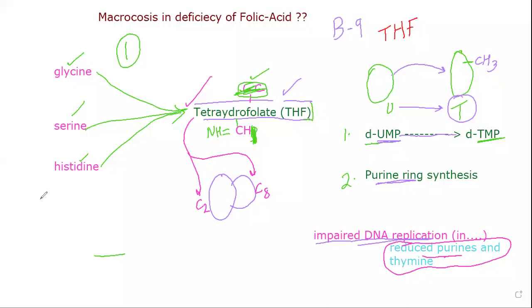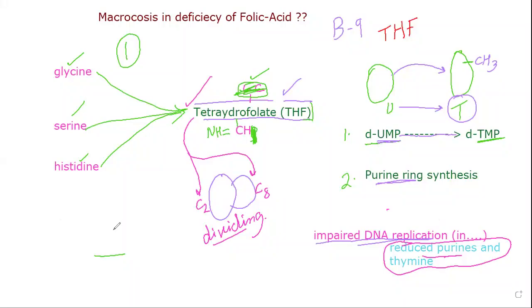How does that lead to macrocytosis? To understand this, an important point is that most severely affected cells are those which are rapidly dividing. So in this rapidly dividing cell, replication has fallen down and cell division is also delayed consequently.